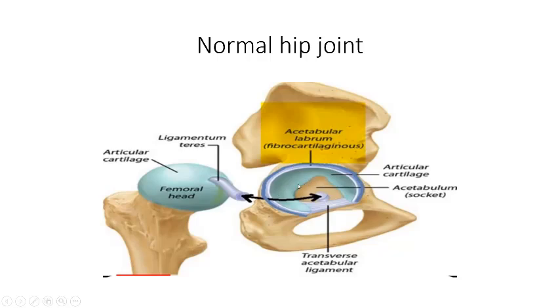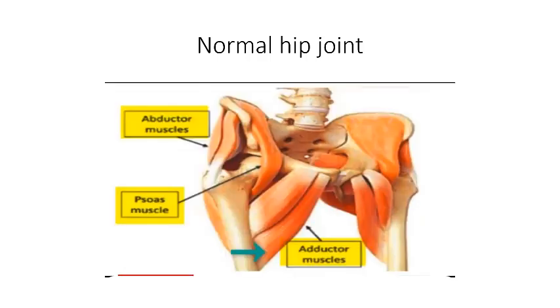Within the acetabular cavity, there is a formation of a ridge at the posterior part of the acetabulum. It is called the new limbus, and this new limbus is formed due to movement of the femoral head within the acetabulum.